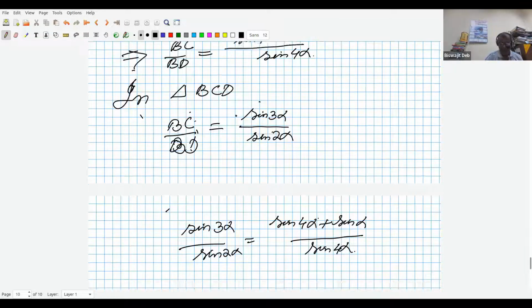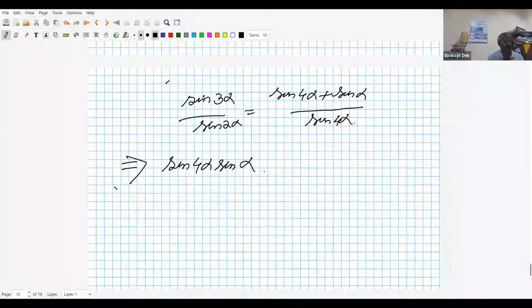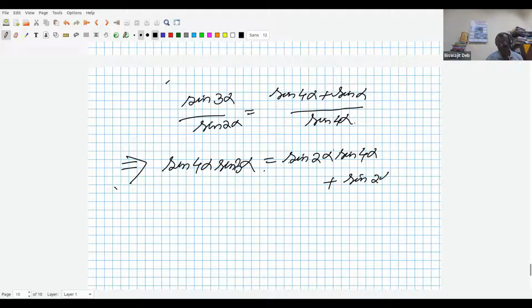If I simplify this, I get here sine 4 alpha sine 3 alpha, and this side going to be sine 2 alpha, then sine 4 alpha plus sine alpha.